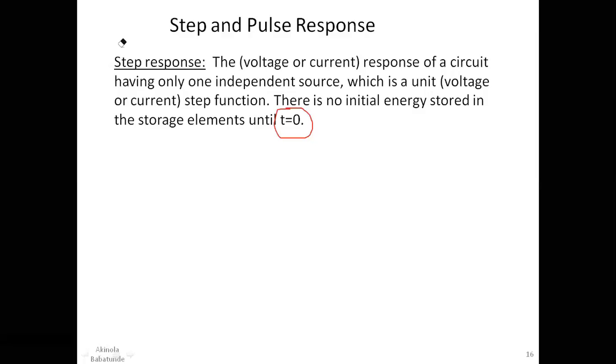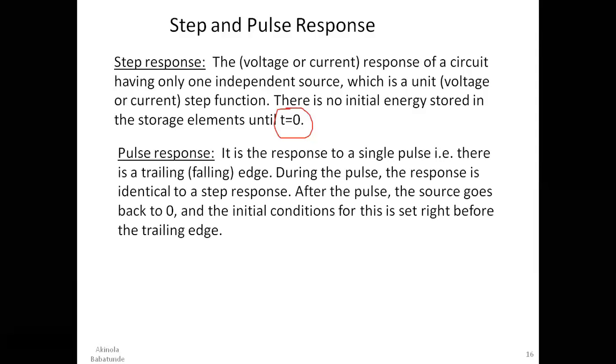Then that will take us to the next explanation, which is going to be the pulse response. It is a response to a single pulse. The response to a single pulse is what we refer to as a pulse response. And then during the pulse, the response is identical to a step function or a step response. After the pulse, the source goes back to 0, and the initial conditions for this is set right before the trailing edge.